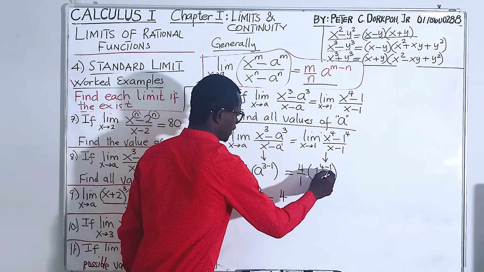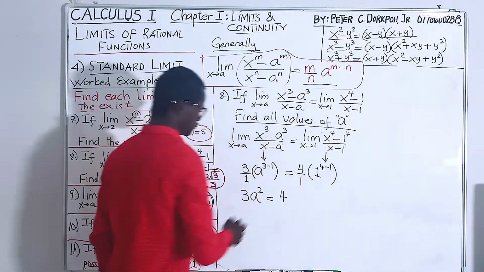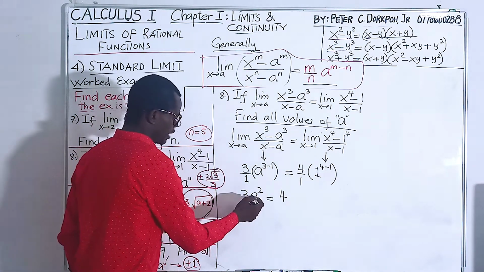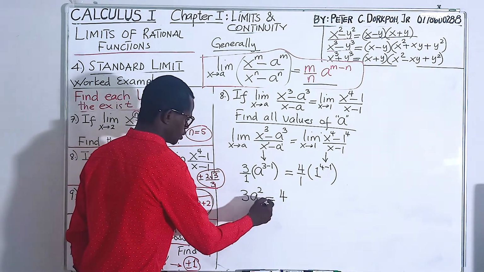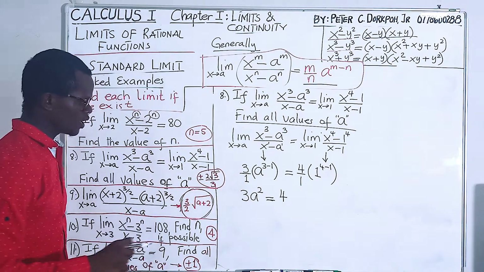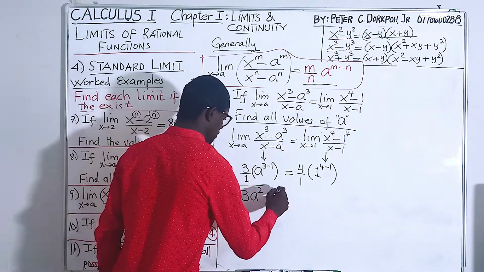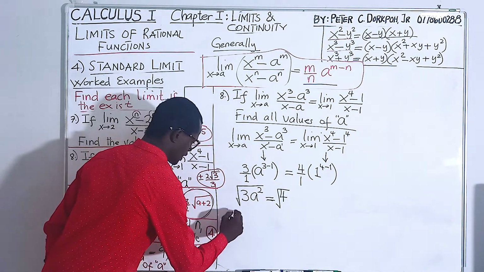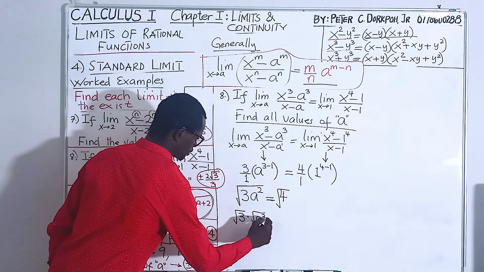Now, 1 raised to any power, like I told you, just equals 1, right? So this is just 4. We want to now solve for a, so we use the square root method. We take the square root on this side and the square root on this side. We can take the square root of 3. We can also take the square root of a squared.